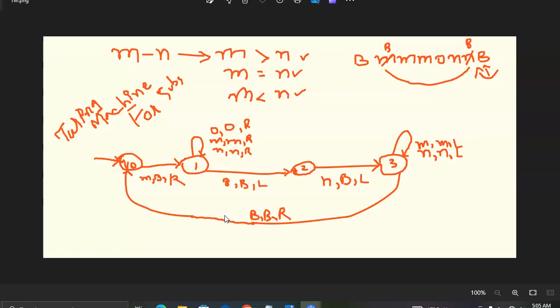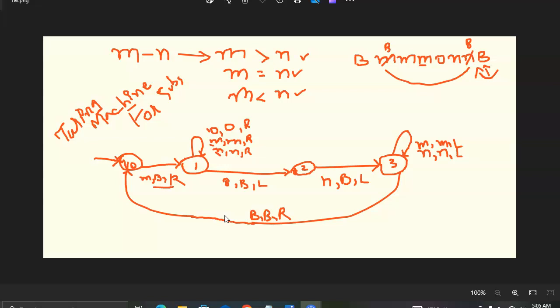So we replace the first M with a blank and we move towards where? Right. Here is the notation, and we leave whatever comes in the way, either M, N or 0, as it is, and we move towards the right.